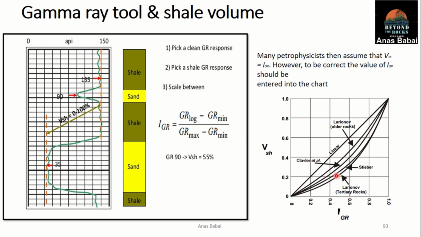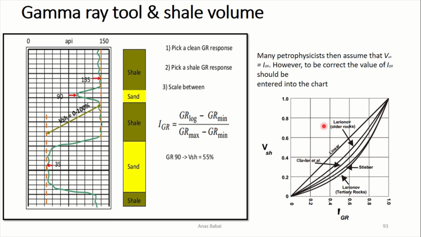So there are different equations. Those lines are actually, in reality, empirical equations. They have been tested by testing the correlation between the gamma ray index and clay volume at different values, and they came up with those lines. So each line has its own specific condition.